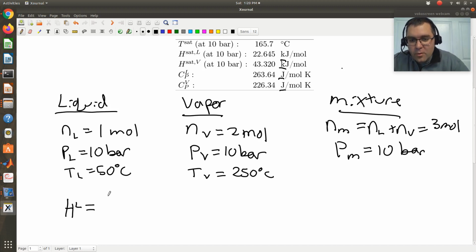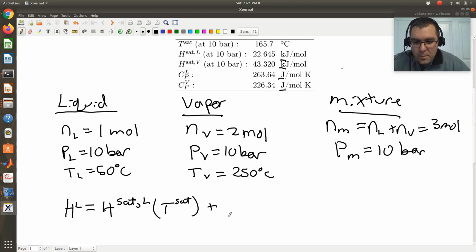the enthalpy of the saturated liquid, and I'm going to write this at my saturation temperature, plus Cp. So delta H is the integral of Cp dT, but Cp is constant, it's just Cp delta T. So it's going to be the heat capacity of my liquid times, so my initial temperature, if you will, in this case would be Tsat, since I'm working in relation to that.